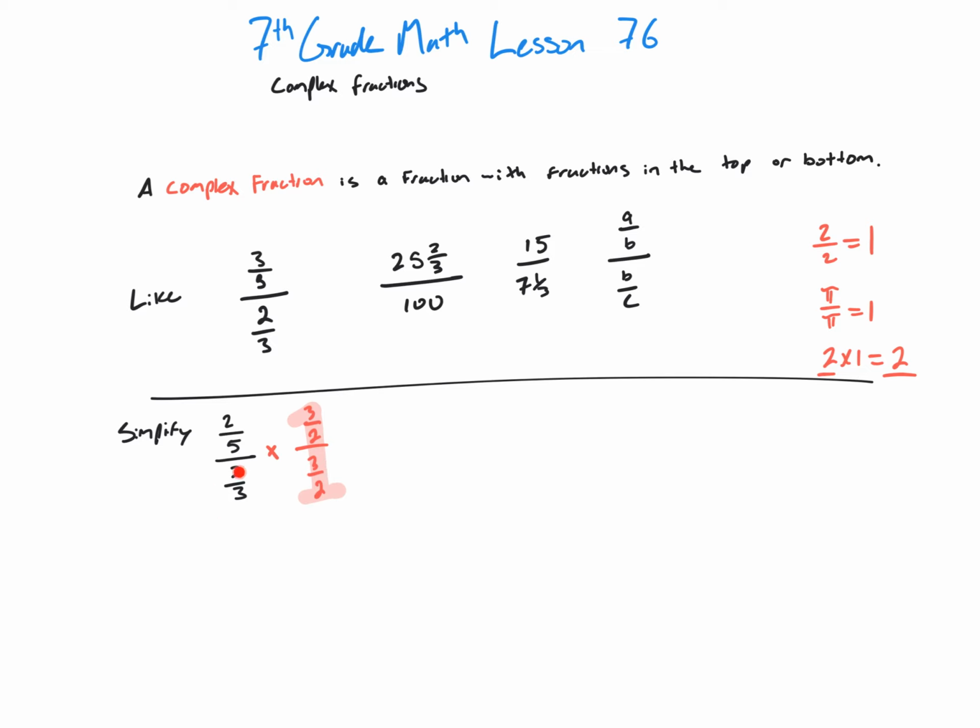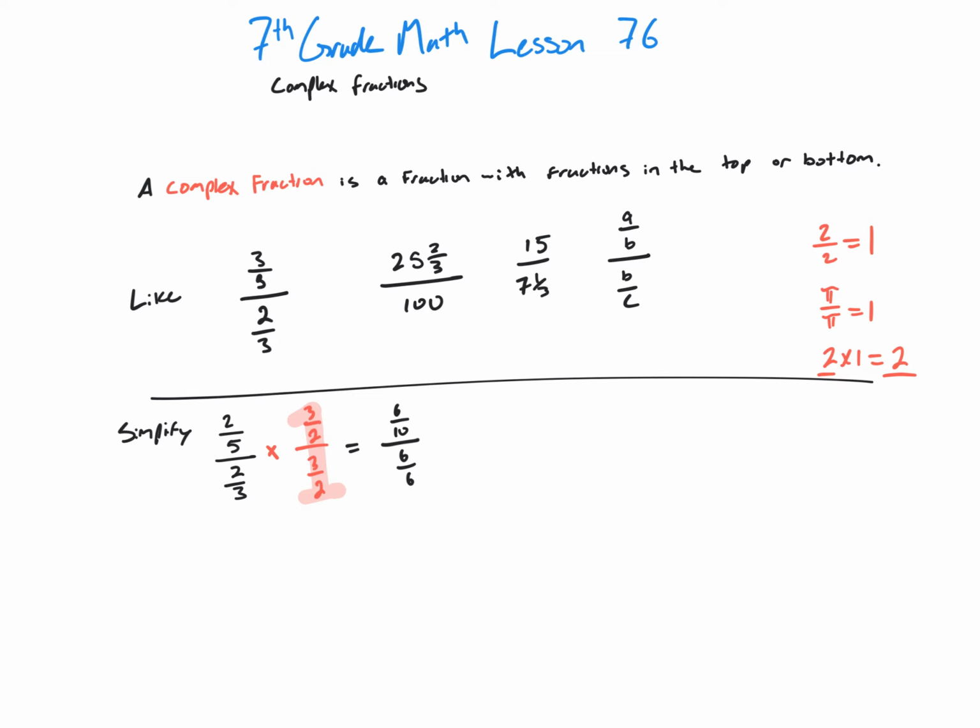The bottoms is going to be 2 times 3 over 3 times 2, so it's going to be 6 over 6. On the top, it's going to be 2 times 3, which is 6, over 5 times 2. So it's going to be 6 over 10.